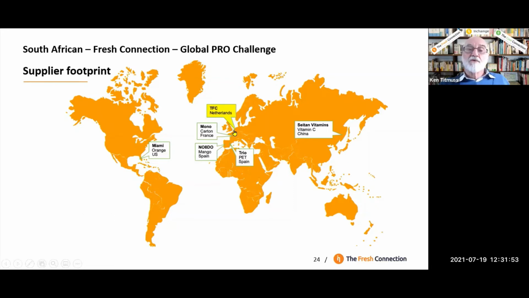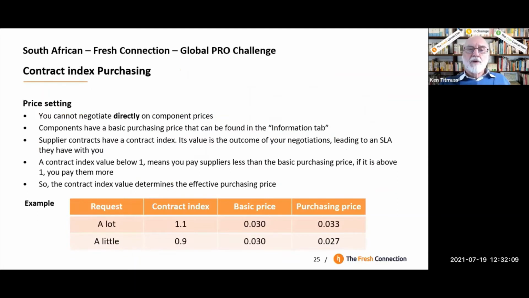And as we said before, the factory itself is sitting in the Netherlands. That's the initial setup, but that doesn't mean to say that you have to stick with those suppliers. There is a supplier market, and you can go and look at other suppliers, and you can change the supplier. When it comes to pricing, we use in the Fresh Connection what we call a contract index.